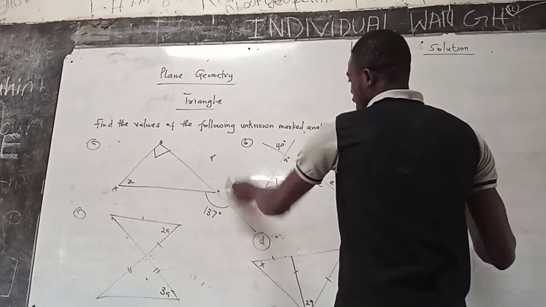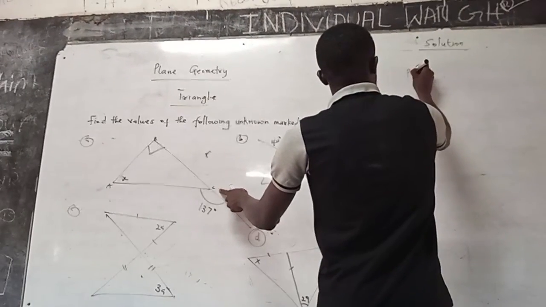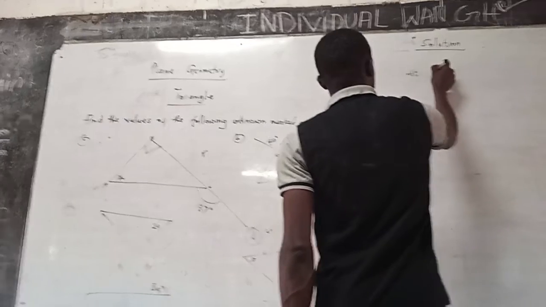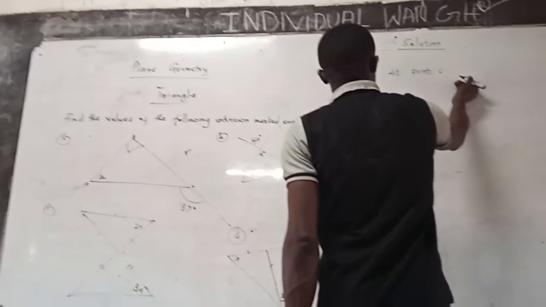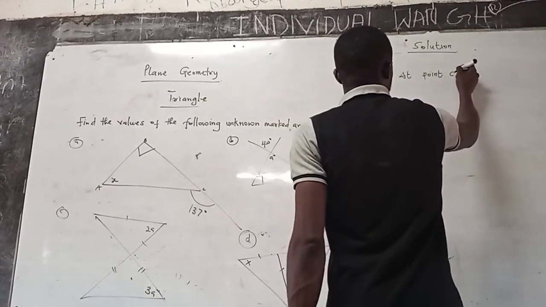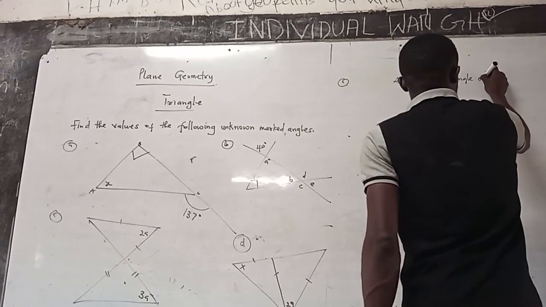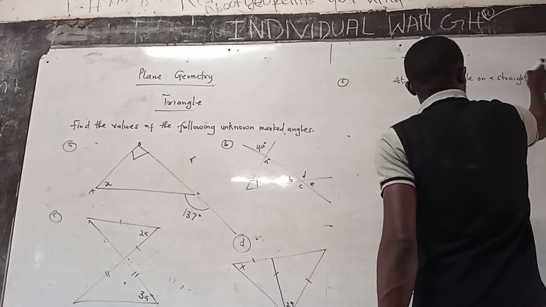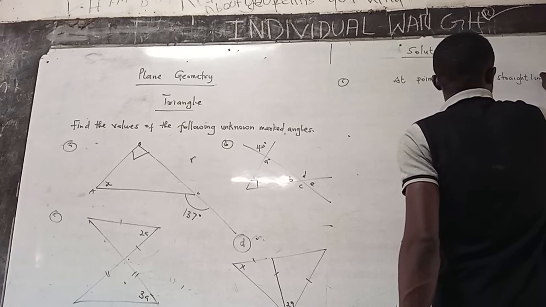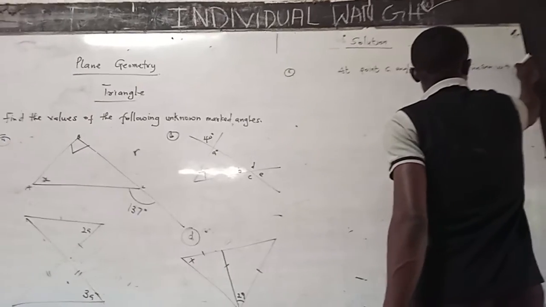So angle on a straight line. At point C, angles on a straight line sum up to 180.